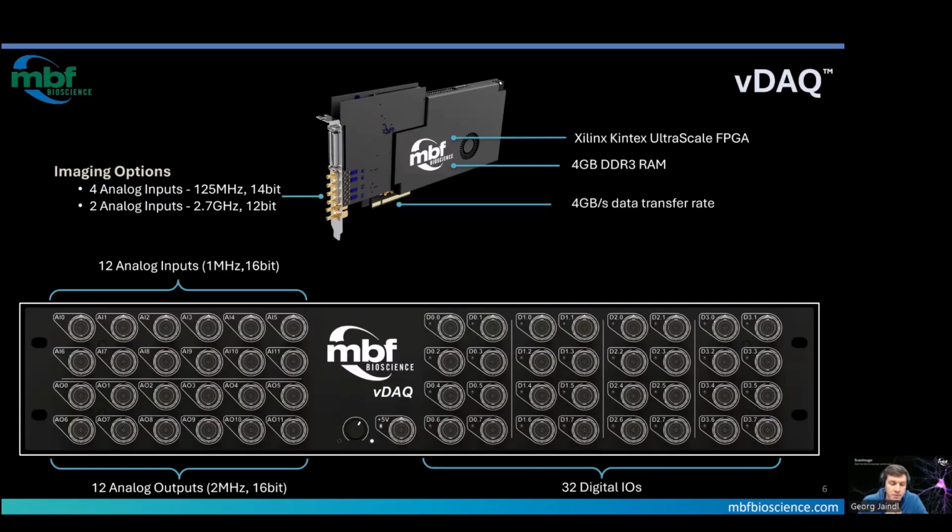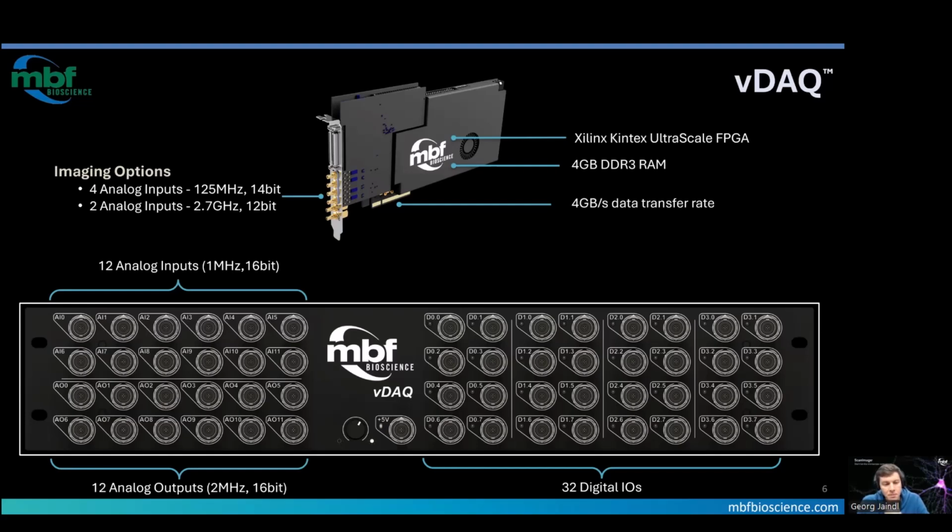The VDAC comes in two flavors. We have one version that allows you to collect data from up to 4 photon detectors at 125 megahertz sampling rate. And that basically covers about 90% of the use cases and the microscope configurations out in the field.